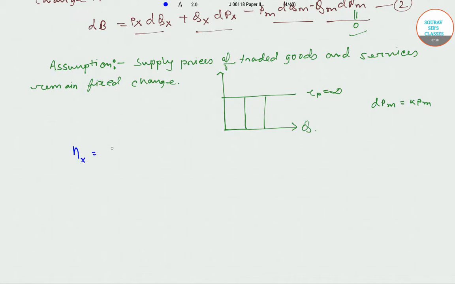this is for elasticity of export, which will be looking like dQx by Qx, here we write dx by x divided by change in dx.